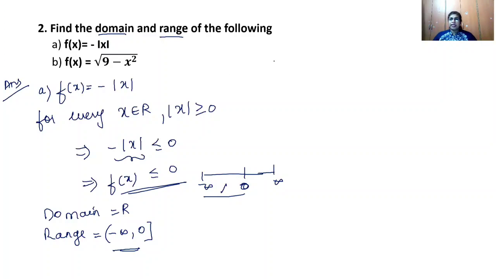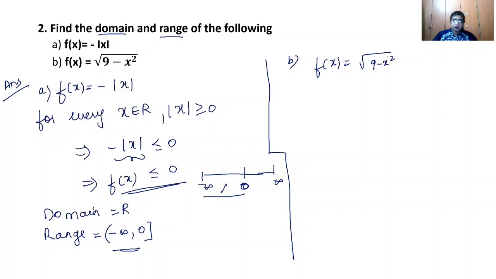Now let us go to the second one, question B. F of x is equal to root of 9 minus x square. Whenever a root question is there, an idea should come to our mind: if I want real values, then the root cannot become negative. So what is the first condition? The condition is that under the root, it has to be greater than or equal to 0.